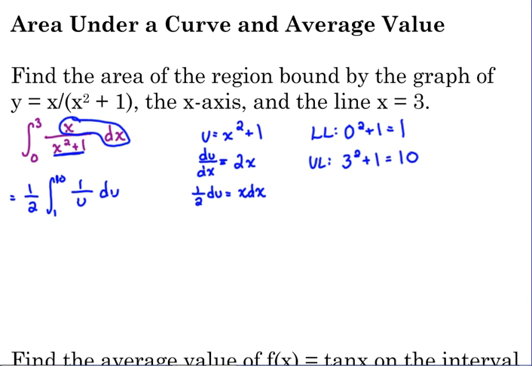The antiderivative of 1 over u is the natural log of u. Since I changed my limits, I'm just going to leave it in terms of u. I don't have to plug the x squared plus 1 back in there because I changed the limits. If you didn't change the limits, then yes, you need to put the x squared plus 1 back in there.